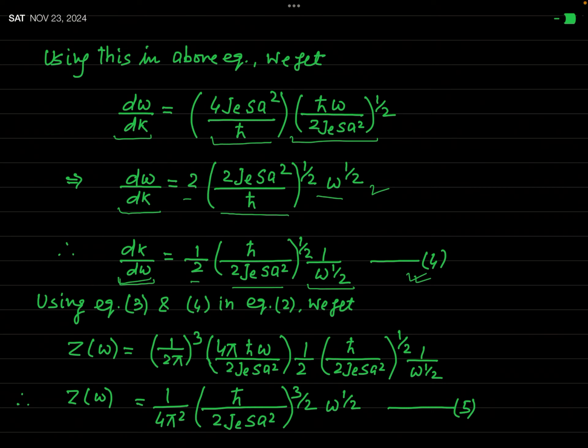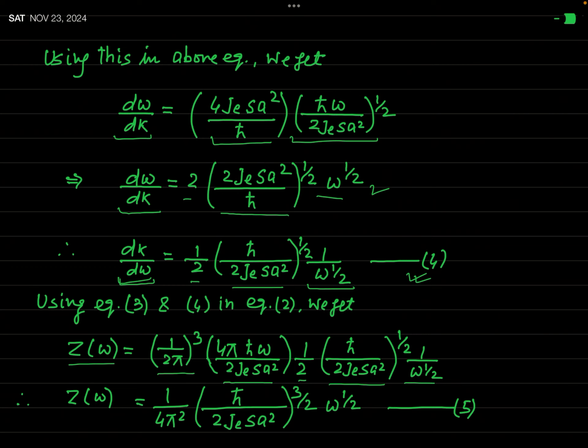So substituting these two values, you can find z of omega is equal to this much. This is 1 over 2 pi whole cube times 4 pi h bar omega over 2 JeS a square times 1 over 2 square root of h bar over 2 JeS a square times 1 over omega to the power half.